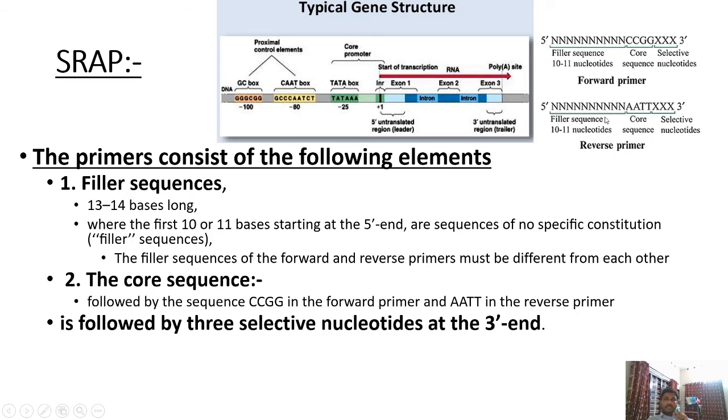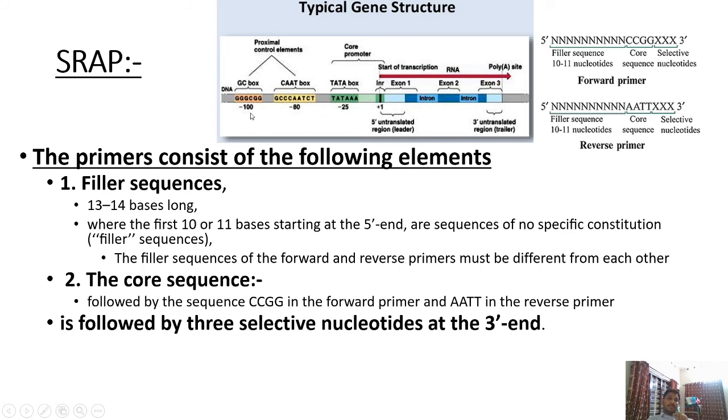For the reverse primer, we have seen that the core region is considered with the AT-rich region. So it can detect a region somewhere here in the TATA box or AT-rich regions within the promoter. So one primer may recognize somewhere here and the other primer may recognize somewhere here.